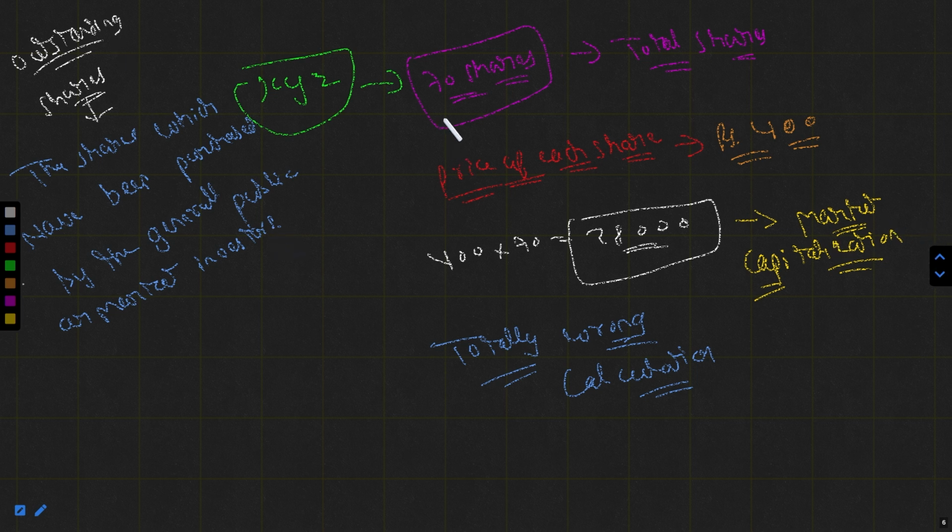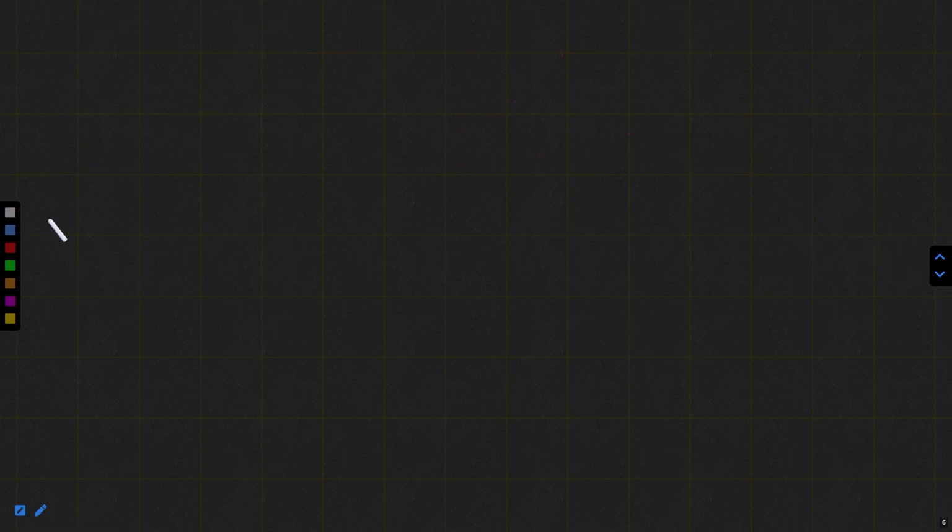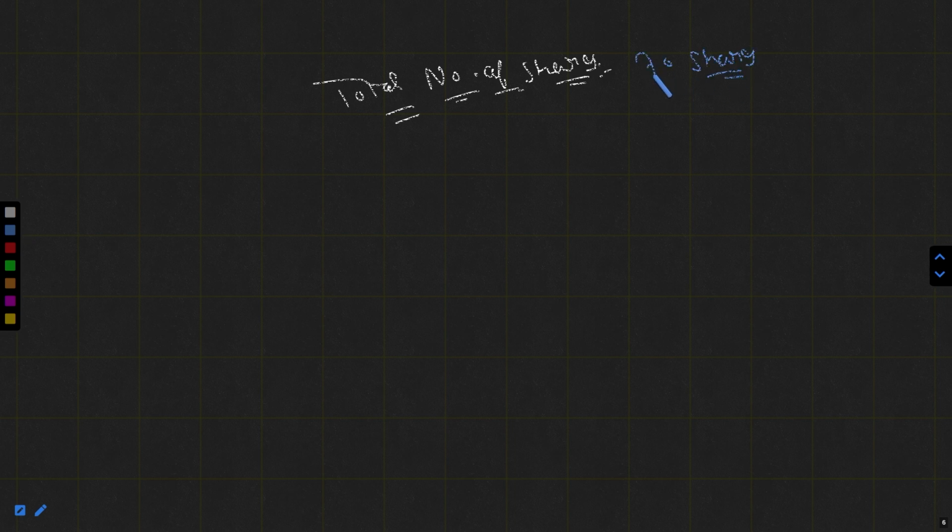So suppose, for example, the total number of shares were 70 shares, right? Thereafter, the price of each share is rupees 400.